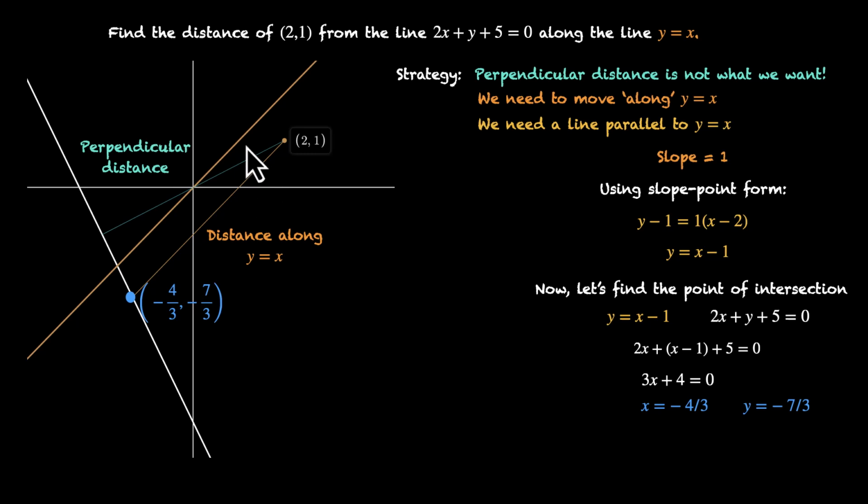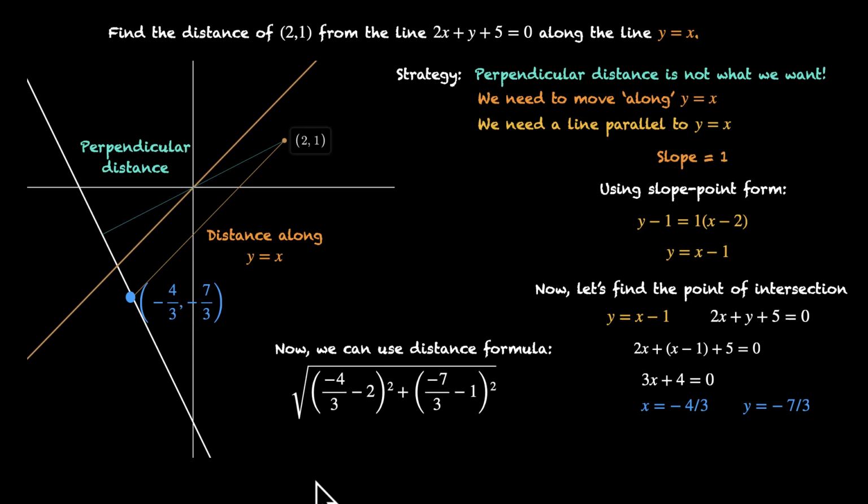So we're moving along this line y = x and then we intersect this line at this point. So this is the length that we want. We can use the distance formula for this. That's the square root of (y2 - y1)² + (x2 - x1)². So the square root of (-4/3 - 2)², the difference of x coordinates, and then (-7/3 - 1)², the difference of y coordinates.